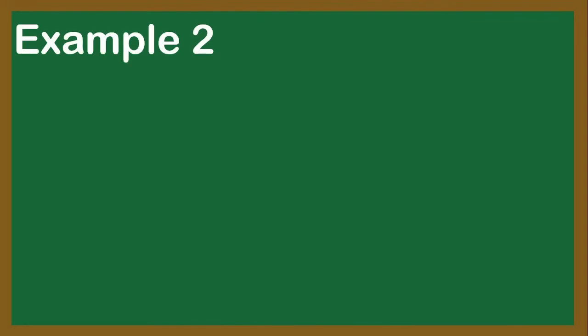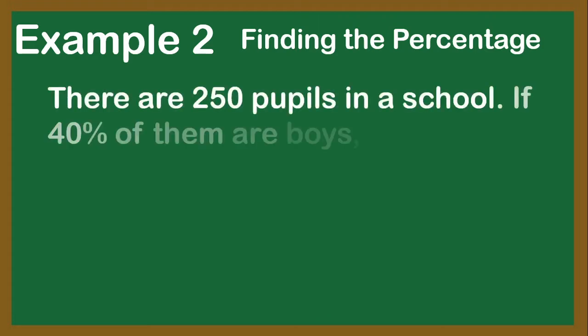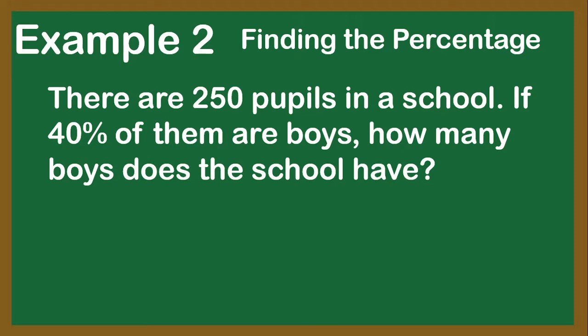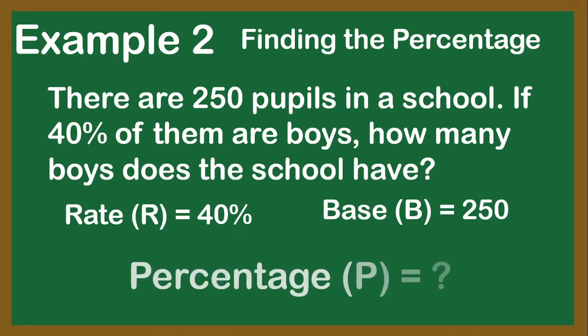Now let us have example number 2. Still on finding the percentage. There are 250 pupils in a school. If 40% of them are boys, how many boys does the school have? Let rate R equal 40%, the base B is 250 pupils, and the percentage P is the unknown.